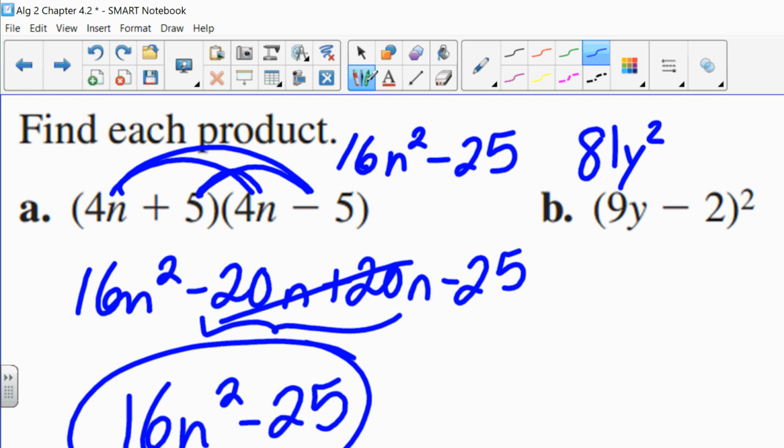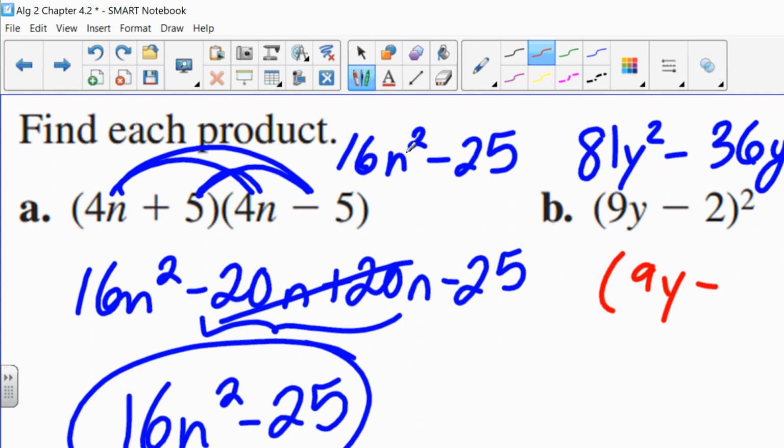Y times y is y squared. Minus kind of the 2 times the two terms multiplied together. Well, 2 times 9 is 18. Times 2 is 36. Plus the last term squared. Well, 2 squared is 4. Would be the polynomial.